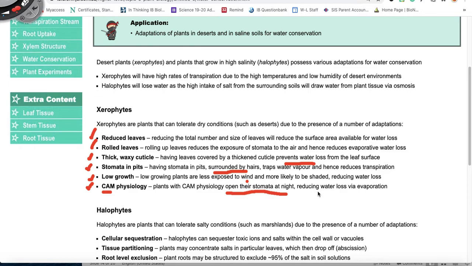The carbon dioxide is taken in and stored, and then the plant can use that carbon dioxide for photosynthesis. Just keep in mind that during the day the stomata remain closed. Photosynthesis can still happen during the day with the carbon dioxide that was stored during the night.